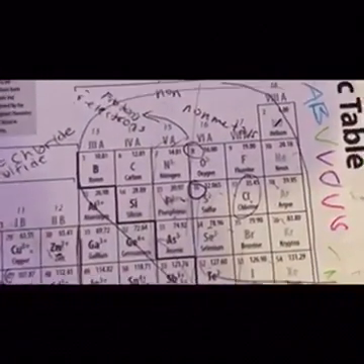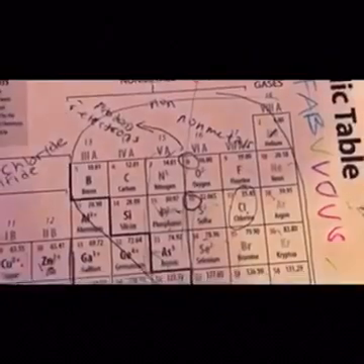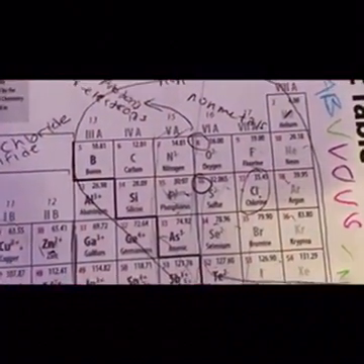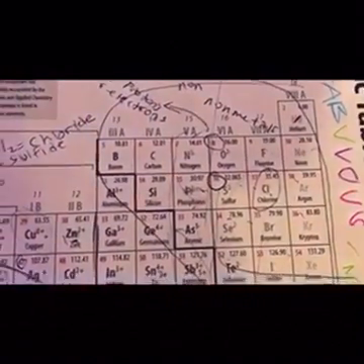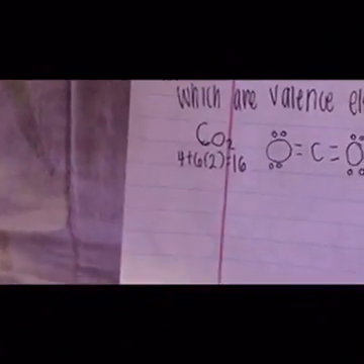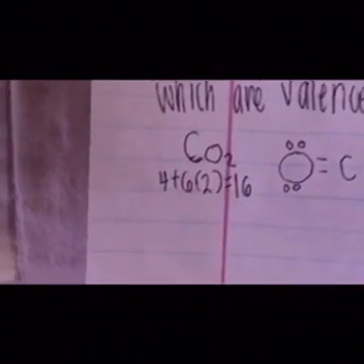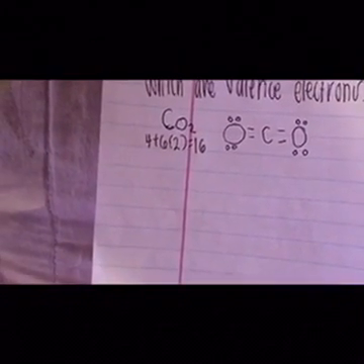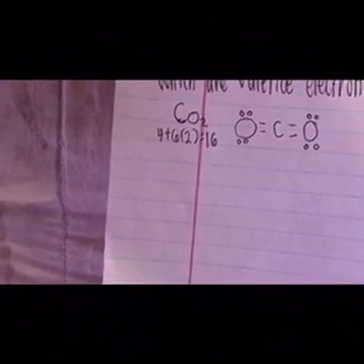As you can see, oxygen is in the 16th column, but you did not put 16. You always put 6. So you multiply it by 2 because oxygen has 2. Now if you add all of that up together, you would get 16.